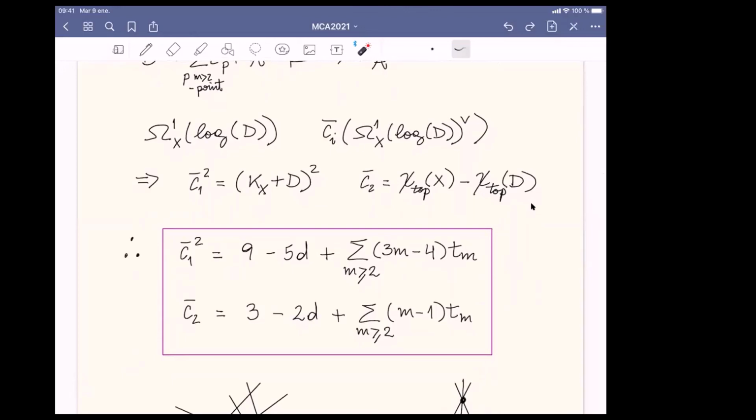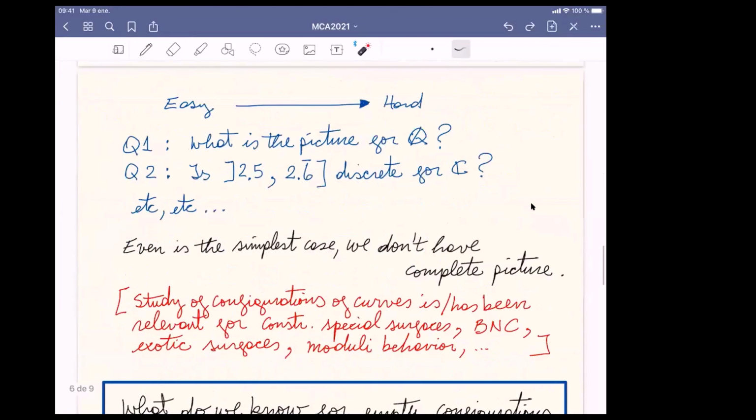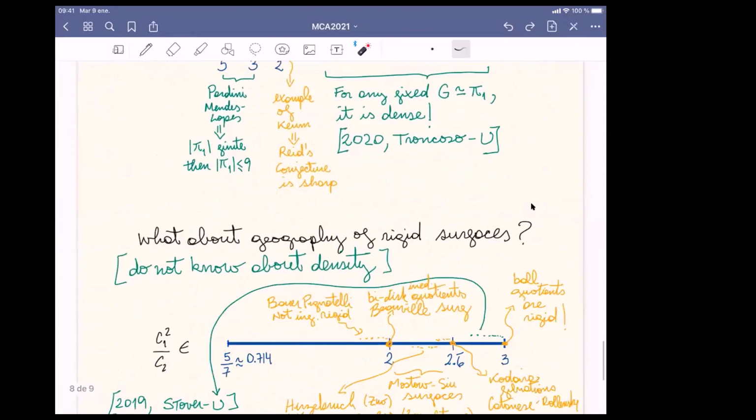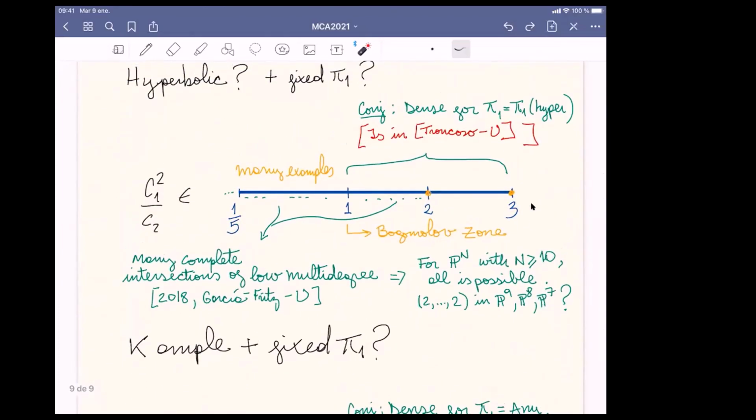And also, you said something about the surfaces of low multi-degree in Pn. I didn't get exactly what was the problem that you were interested in. So the problem was to show explicit examples of hyperbolic surfaces, which are complete intersections, but for low degrees, because they are not so easy to construct as far as I know. So for example, in P3, it's still an open question if there are hyperbolic quintics, right?